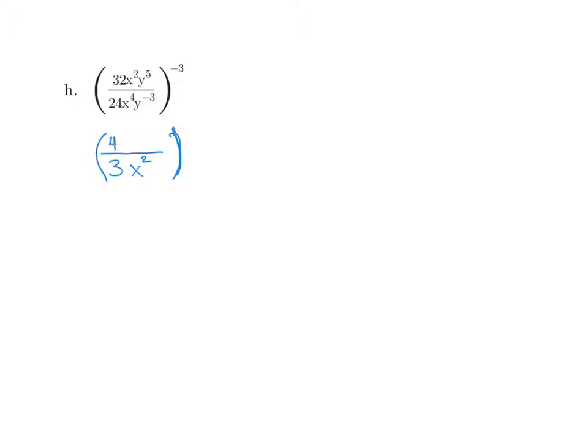For my y's, -3 is smaller than +5. And if I do my computation, I'm going to do it off to the side. If we do 5 minus -3, that is the same thing as 5 plus 3, or 8. So simplifying inside, we get 4y to the 8th over 3x squared.